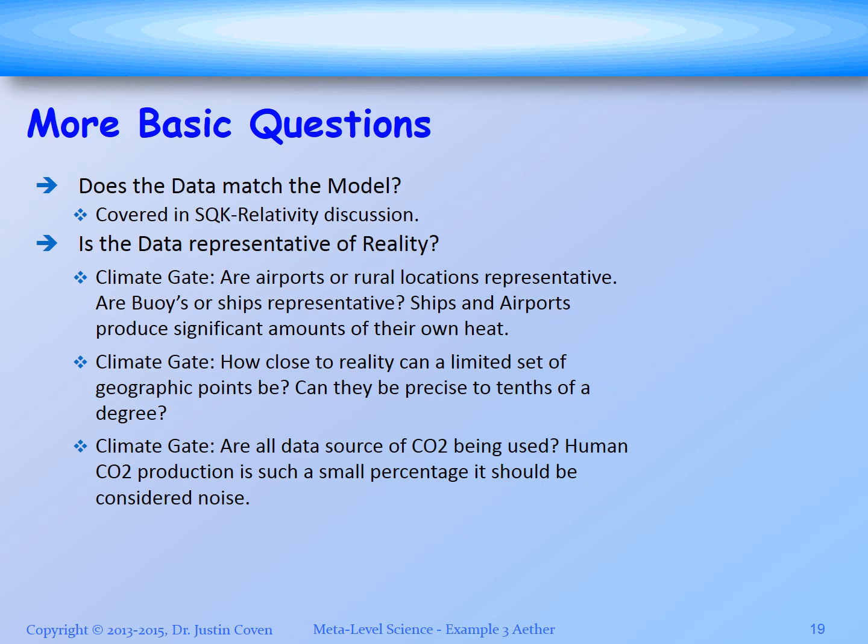How close to reality can a limited set of geographic points be? Can they be precise to tenths of a degree? Again, the number of points used is very, very small and not representative of the entire globe. And far too many assumptions are being made in the interpolation of the data to be precise to degrees, let alone tenths of degrees, which is one of the things that's being claimed.